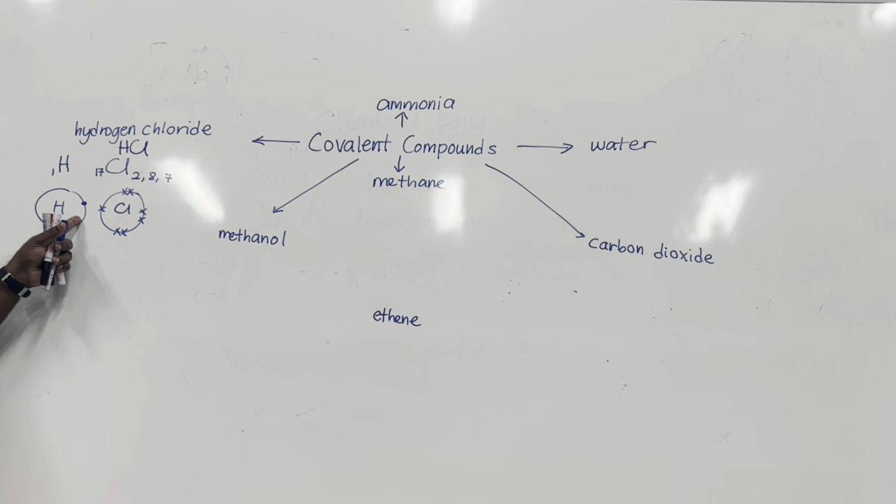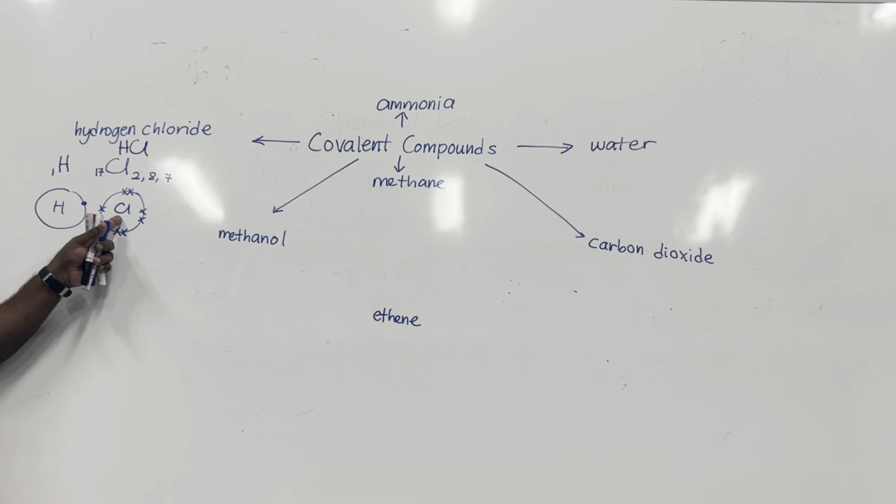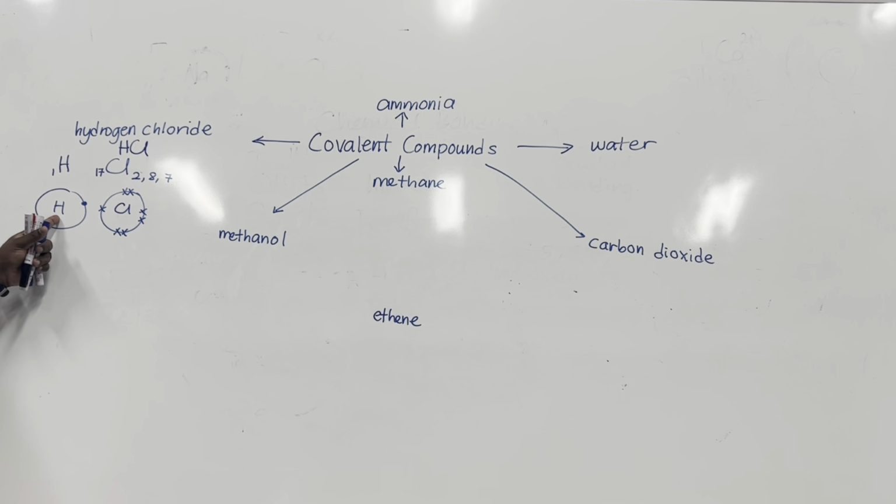A duplet structure. Good. And in order to be complete, Cl has to achieve octet structure. Hydrogen requires one, and in order to gain one, you need to put forward the one that you want to share.